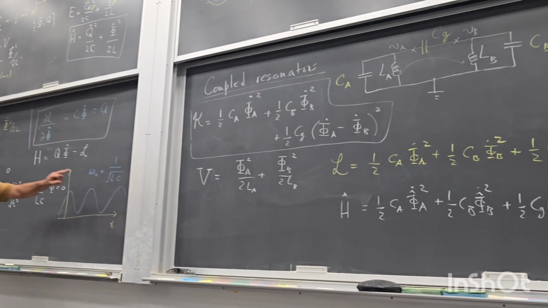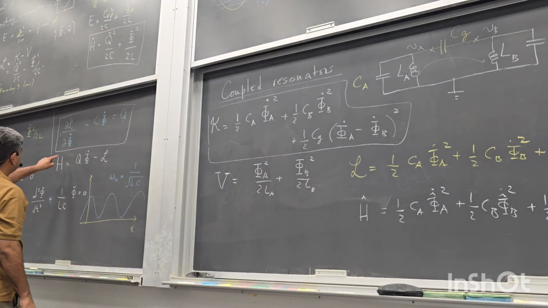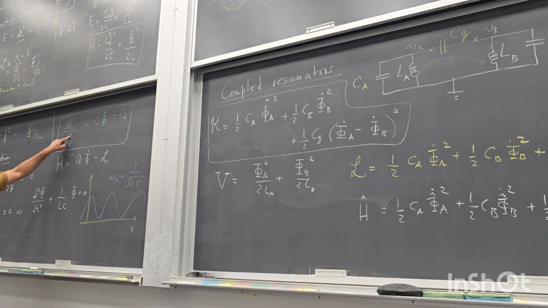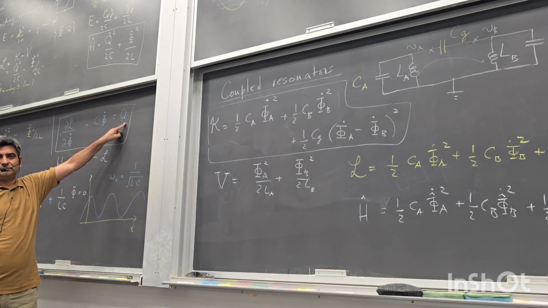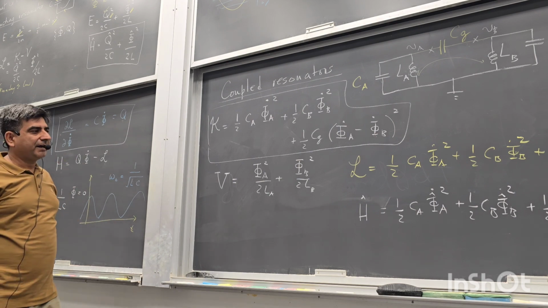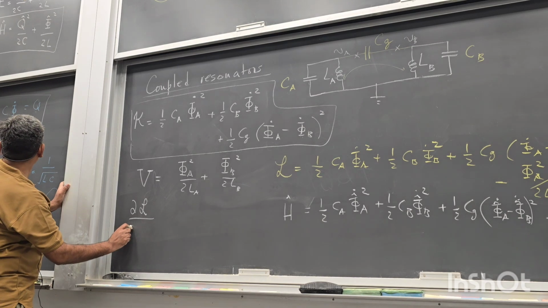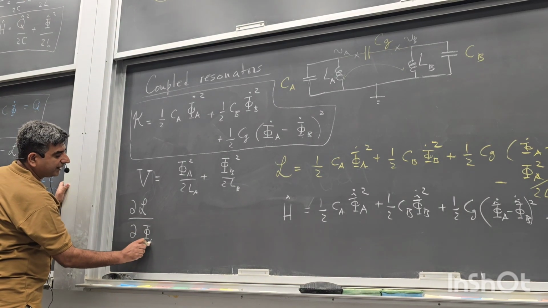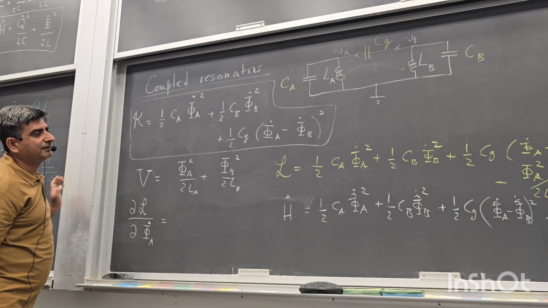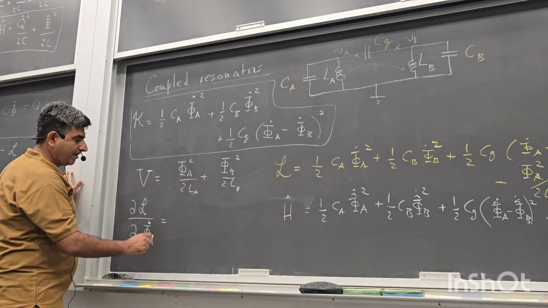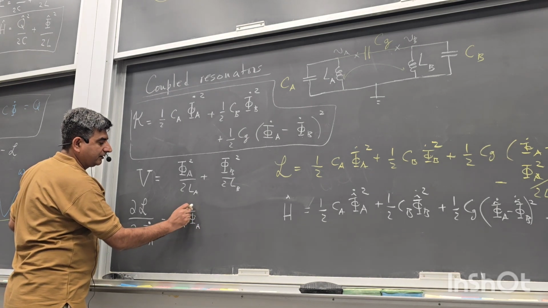So what I could do is take the Lagrangian and differentiate it with respect to phi A dot. I will get QA. Alright, so let's do this. I take this Lagrangian and find its derivative with respect to phi A dot. So I will get CA phi A dot.